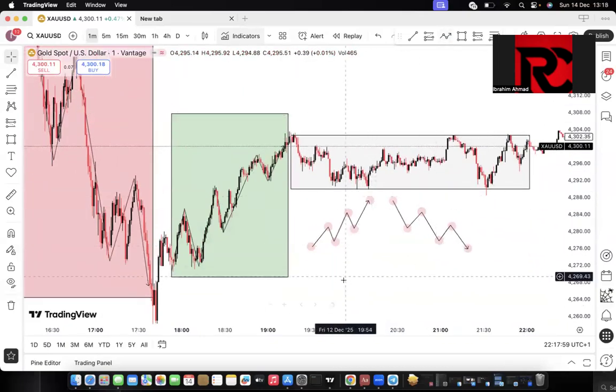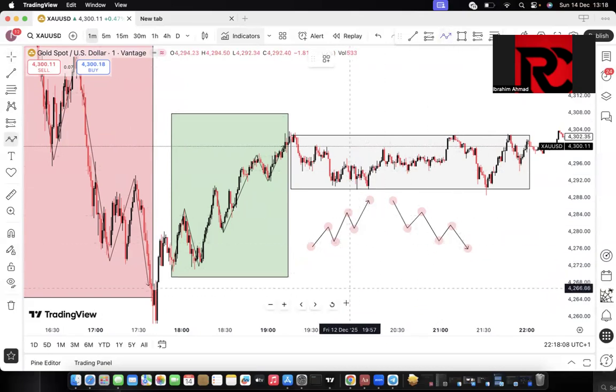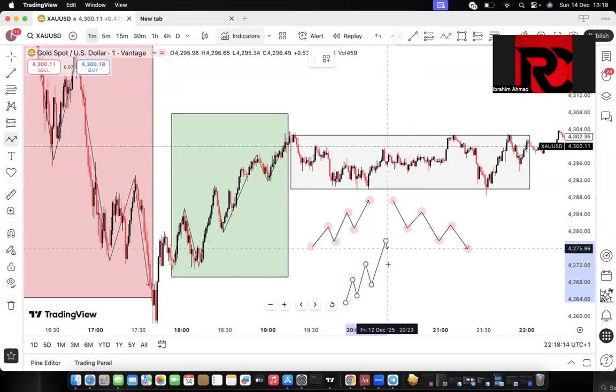So what is the market structure shift? This is when price breaks a specific low or high in the markets. For example, if you're seeing a series of higher highs and higher lows in the market, something like this, and price breaks the last previous low in a bullish market, that is what I call a market structure shift.